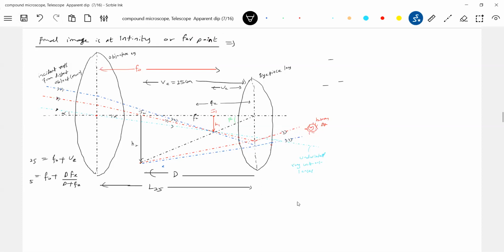Any of these can be asked. So what should I do? I should not show this; this should not be visible. The rays after refraction should become parallel.